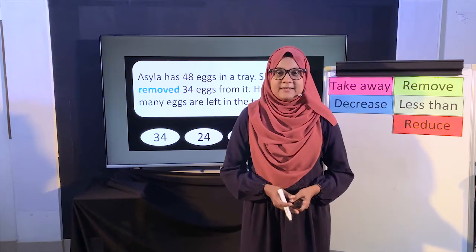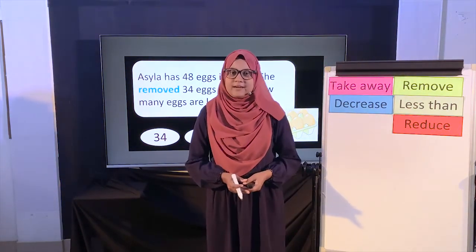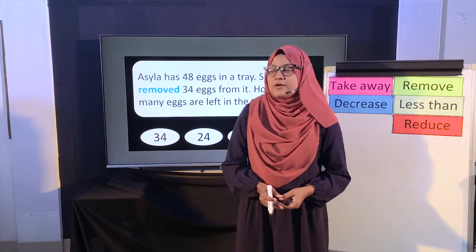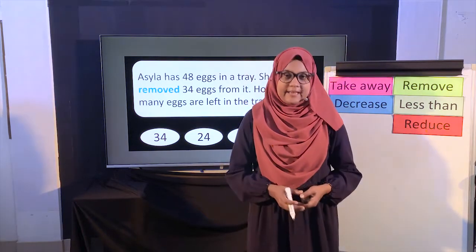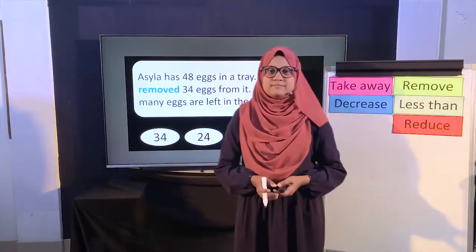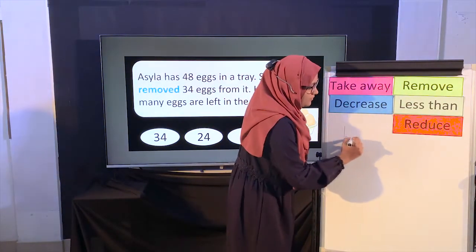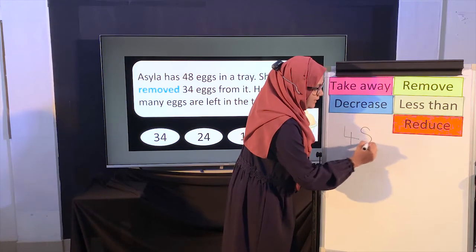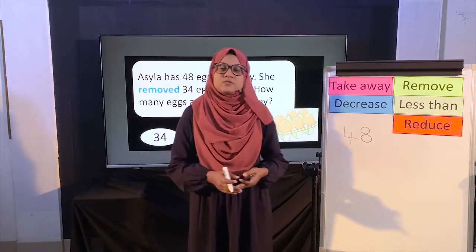Have you got an answer? Let's see if your answer is correct. So in the question it says Asila has 48 eggs. So how many eggs were there in total? Yes, 48. So first of all we have to write 48 because she had 48 eggs altogether.